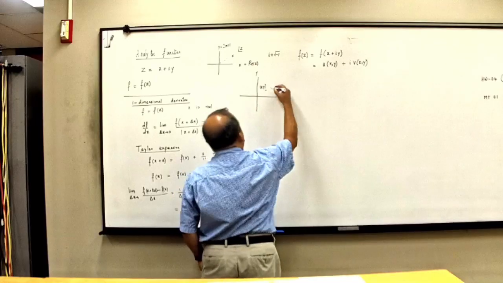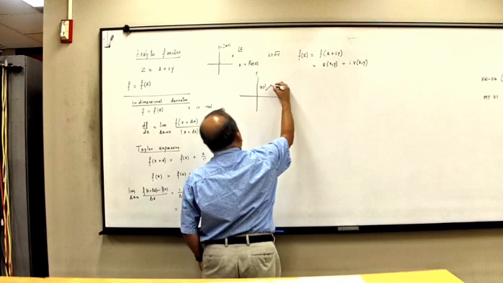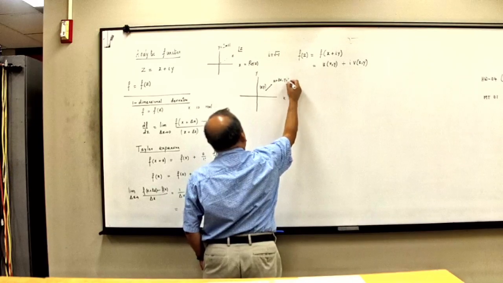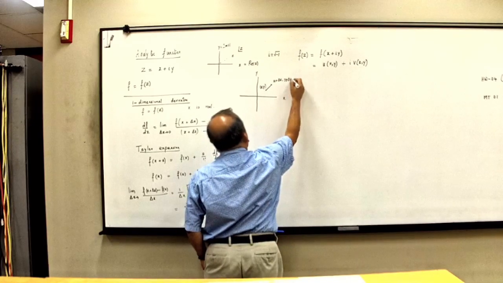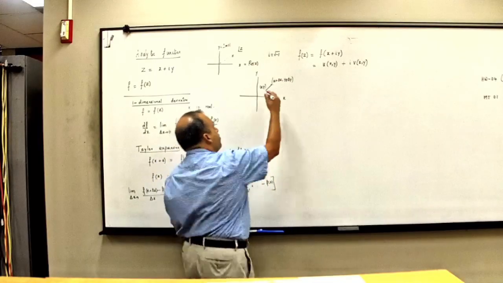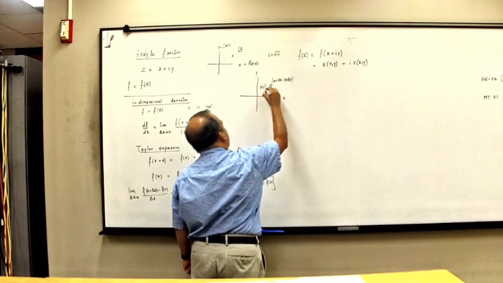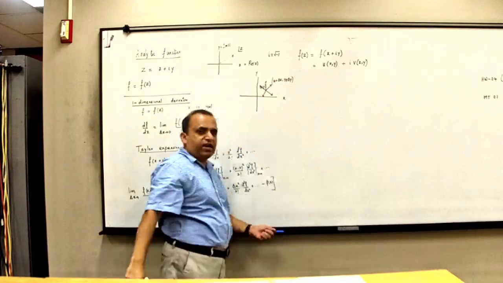I want to shift it, and you would say there are many ways of shifting it, right? So this is x plus delta x and y plus delta y. Depending on my delta x and delta y, I can shift it in this direction, I can shift it in this direction. There are infinite ways of shifting x and y.